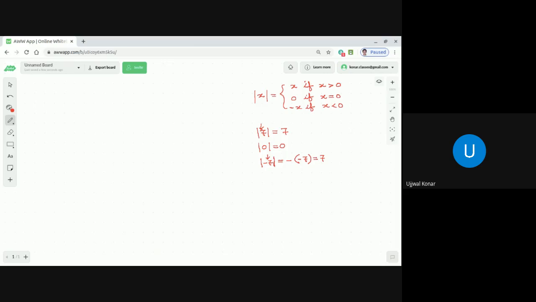Along with that, the fundamental concept, as I said earlier, is that whatever is inside that mod, the mod will always return a positive value and always abide by this definition: mod x equal to x if x is greater than 0, mod x equal to 0 if x is equal to 0, and mod x equal to minus x if x is less than 0.